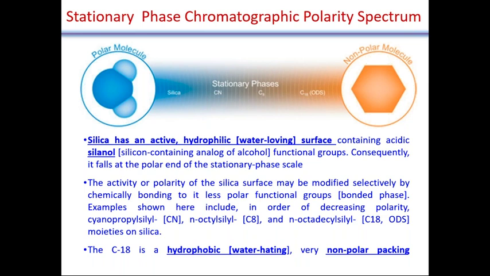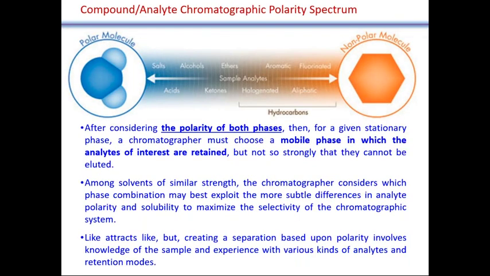Now putting these two together, that is the analyte chromatographic polarity spectrum. Again, as we said, you need to know about the analyte, whether it is a hydrophobic analyte or a hydrophilic analyte. The best example I can tell you is about vitamins. You have the water soluble vitamins and the fat soluble vitamins.